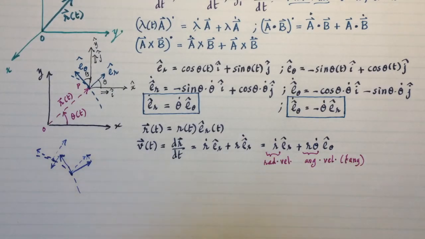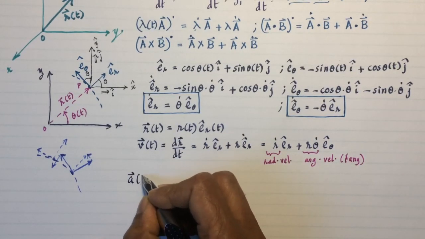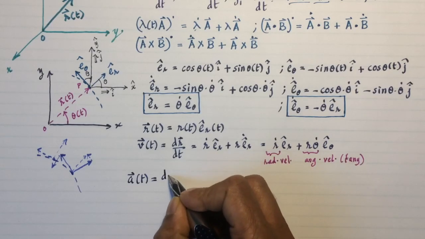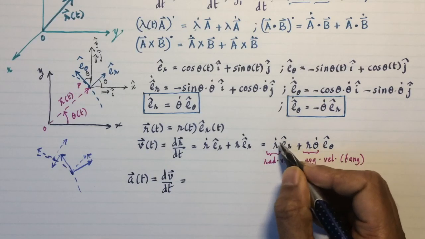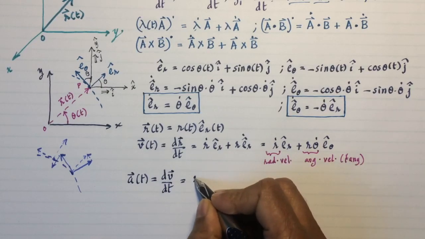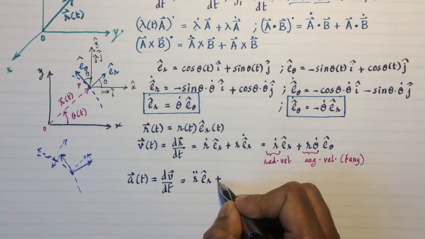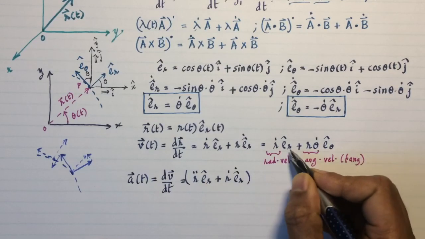Now, what about the acceleration? Let's go ahead and do that. The acceleration is got by taking another derivative of this thing. You're going to get more terms now. So if I do this, I'll get two terms right away. That's going to be r double dot e_r plus r dot e_r dot. That's what I get from the first term.